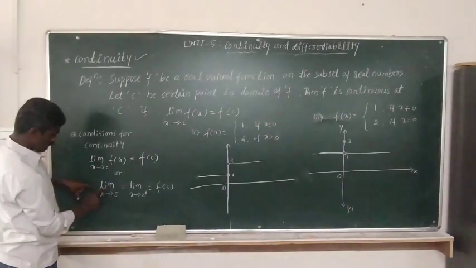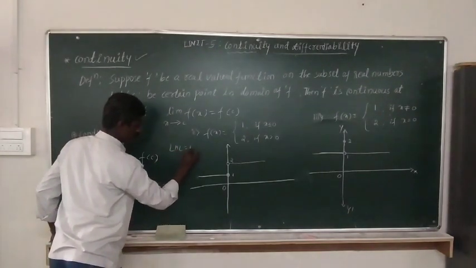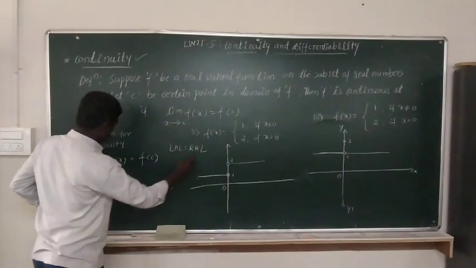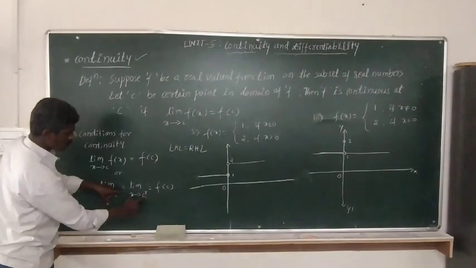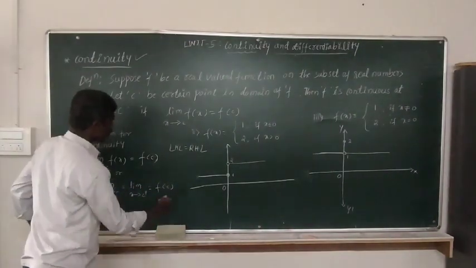So we can also check whether the LHL and RHL, which you have already studied, the left hand limit and right hand limit. Limit as x tends to c minus equals limit as x tends to c plus equals f of c. In this condition, the function is also continuous.